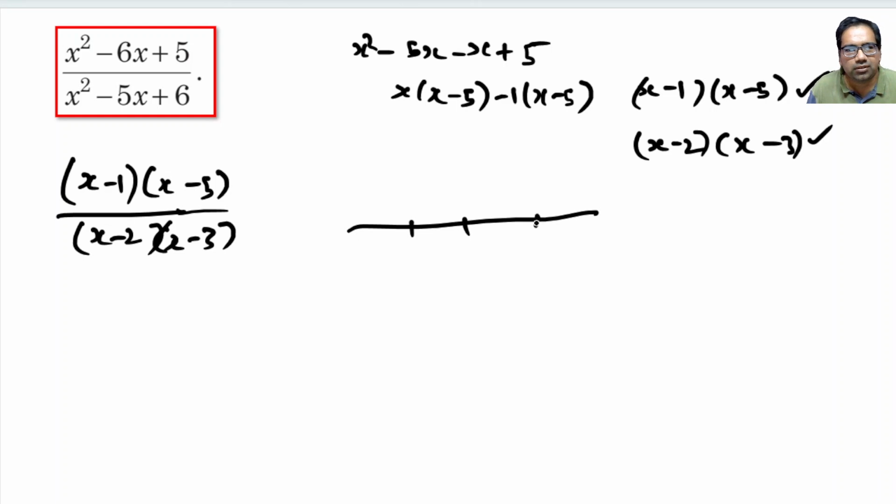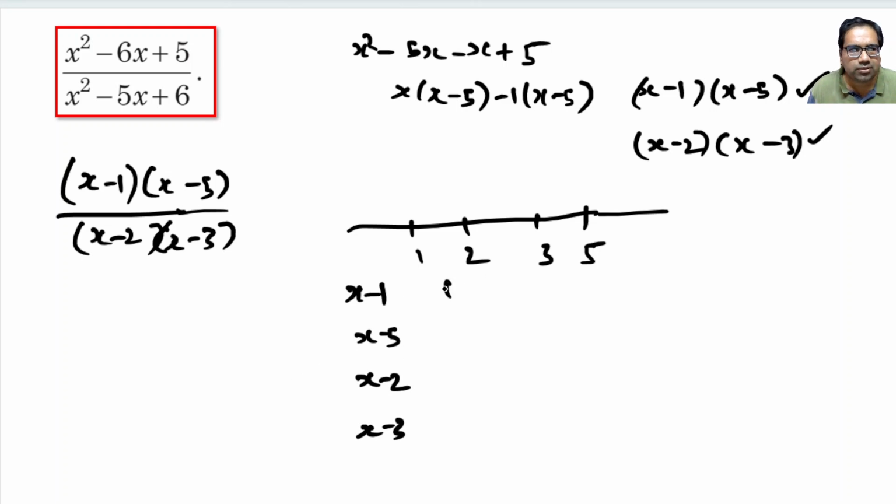And we have four factors: x minus 1, x minus 5, x minus 2, x minus 3. x minus 1 is positive here, negative here. x minus 5 is positive here, negative here. Okay. This is x minus 5. This is x minus 1.